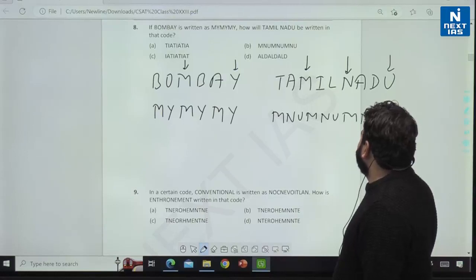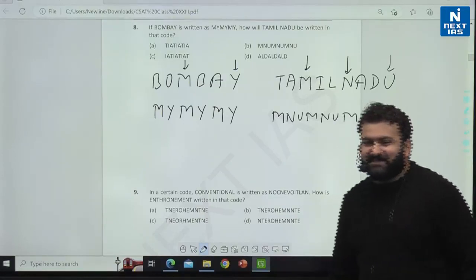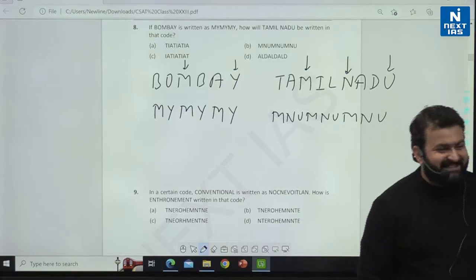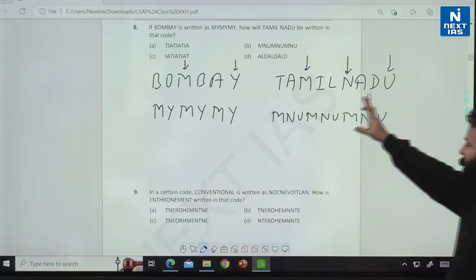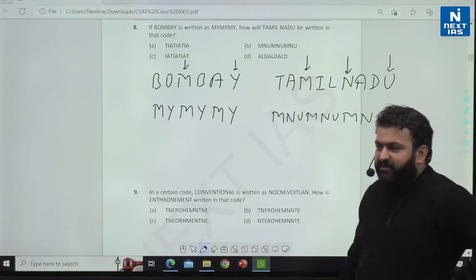MNU. The code becomes MNU. So, is this clear to all now? No confusion now?